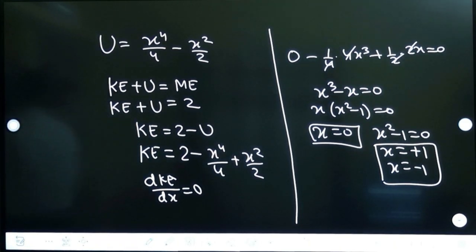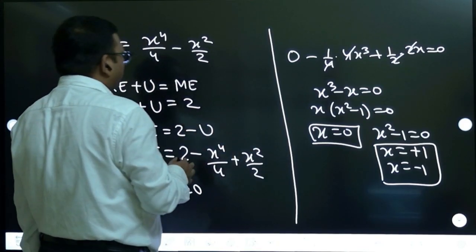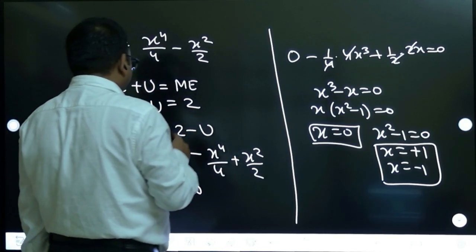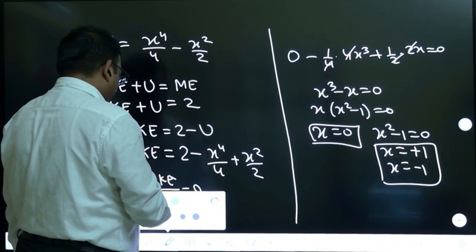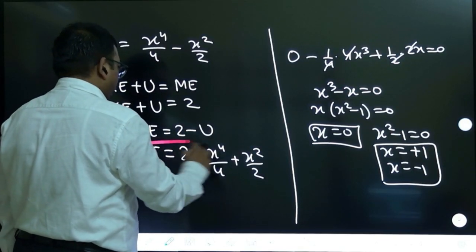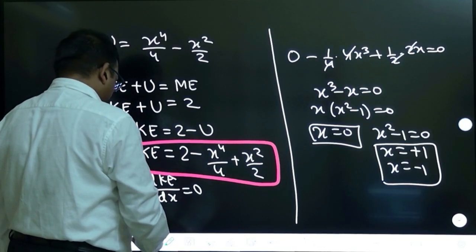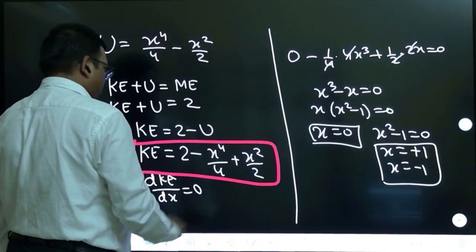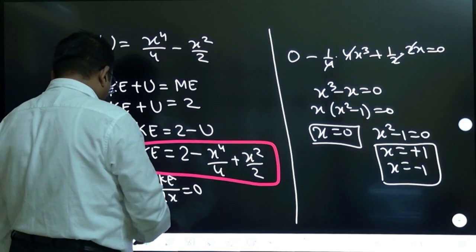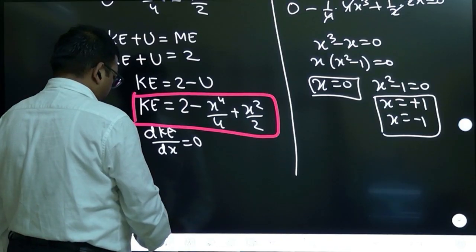Now we need to find the maximum value, right? You can substitute these values and check where the kinetic energy will be maximum, because you know the kinetic energy formula.